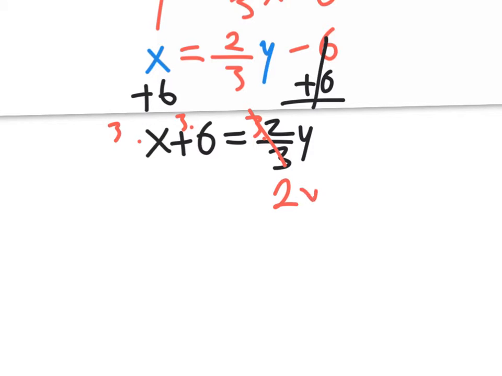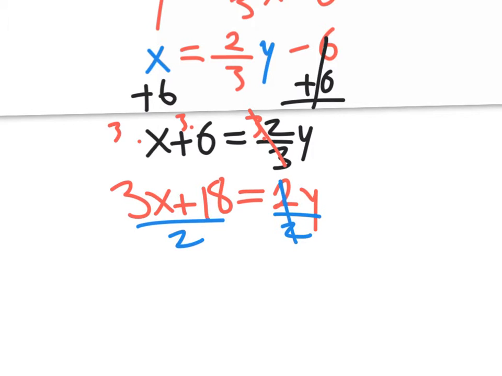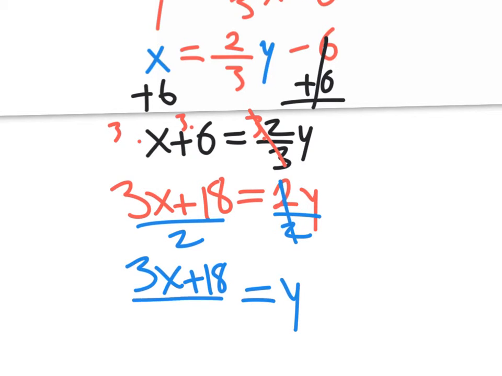And you'll have 2y equals 3x plus 18. And then you divide everything by 2. Divide everything by 2, and you'll get y equals 3x plus 18 over 2.